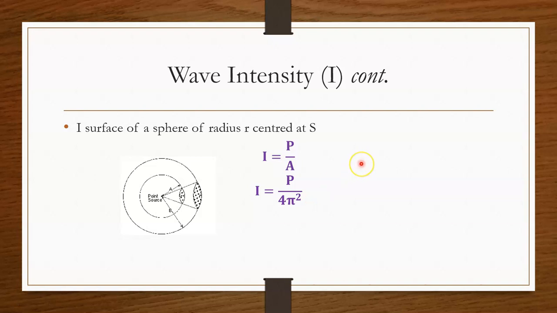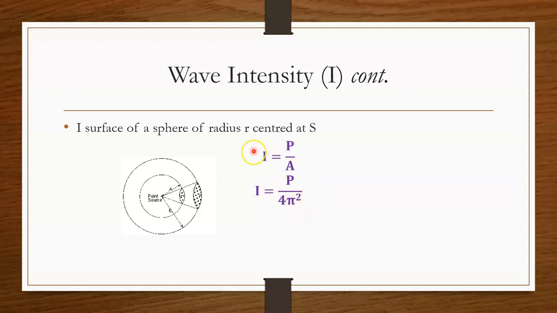Now, the value of intensity for a sound wave depends on the area. Let's say this sound wave was produced in a sphere of radius r with the center at S, just like this picture. So the area here will depend on the area of the sphere, where the formula for the area of a sphere is equal to 4 pi r squared.